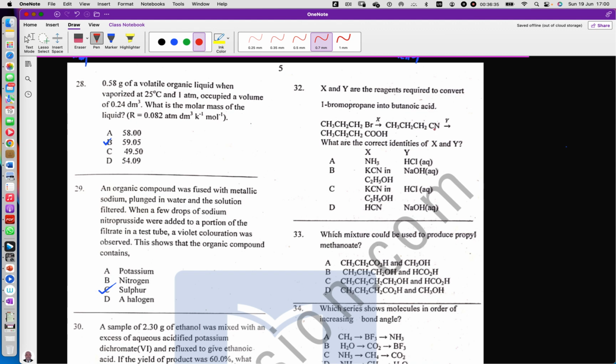This nitrile will undergo what we call acid hydrolysis.